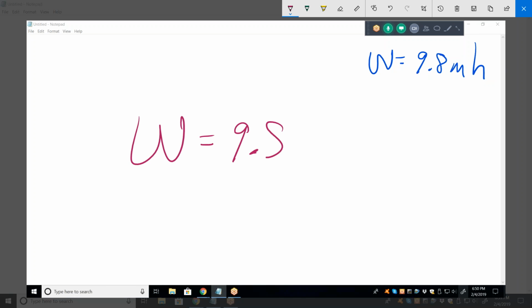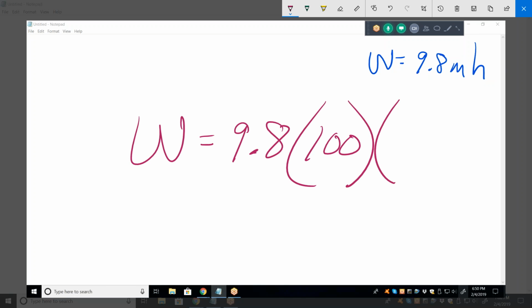K doesn't change. What's the weight or the mass? 100 kilograms. And the height? 1.5 meters. Put that in your calculator, and that's the work done. 1,470.